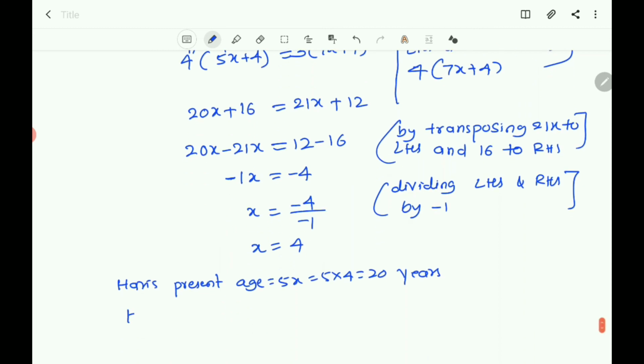And Harris's present age is equal to 7x, that is 7 into 4, 28 years. You got the result here.